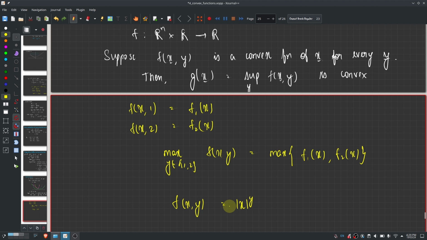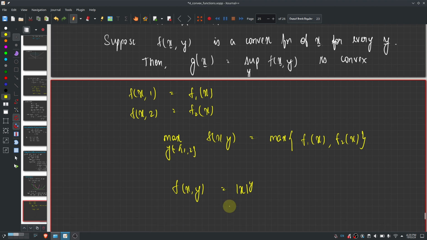Now for each x comma y, this is a finite quantity, but when you take the supremum over all possible y, the right hand side is equal to infinity for every x not equal to 0. So of course it's a trivial example, it's still convex, right? For every y, f of x comma y is a convex function of x, but the supremum is also a convex function.